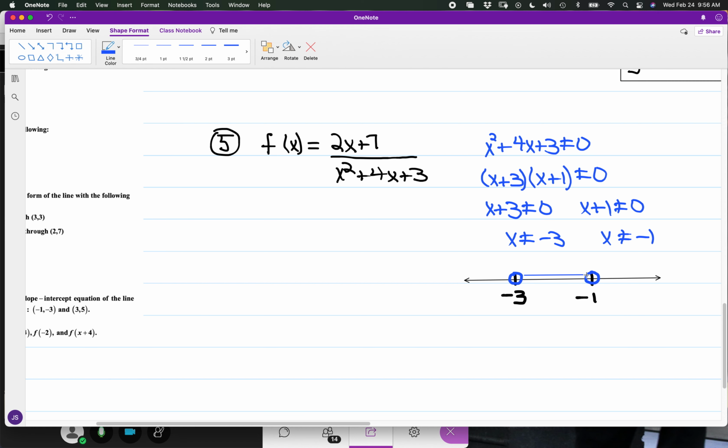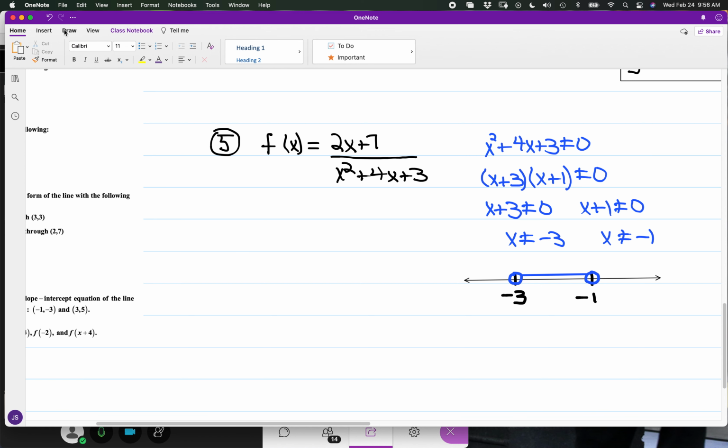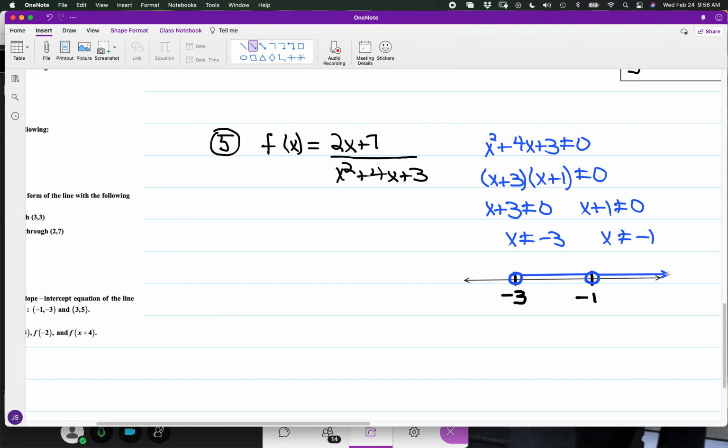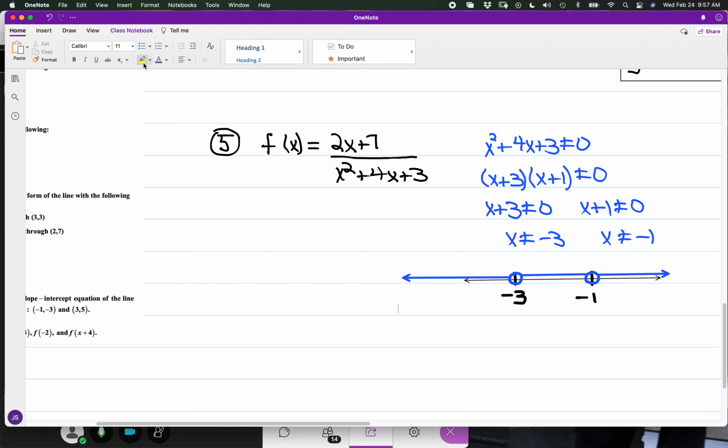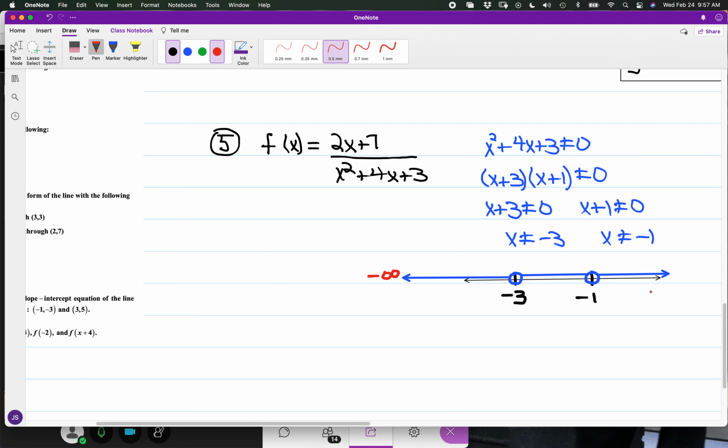Just looking at the domain from a graphing perspective, negative 3 and negative 1 are both left out. So we have the domain of this function.